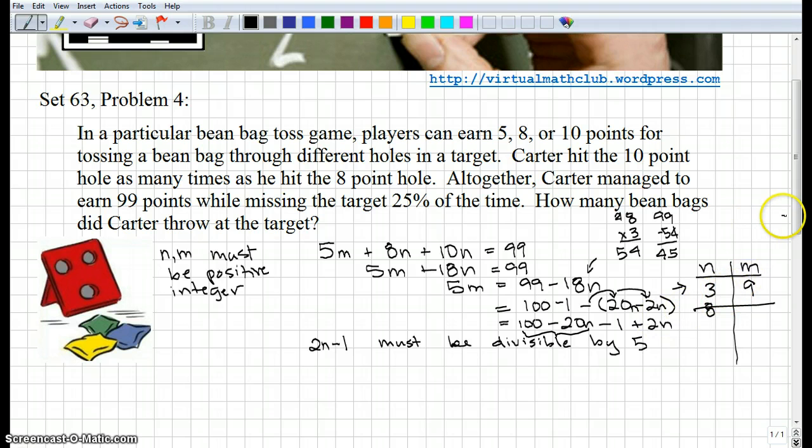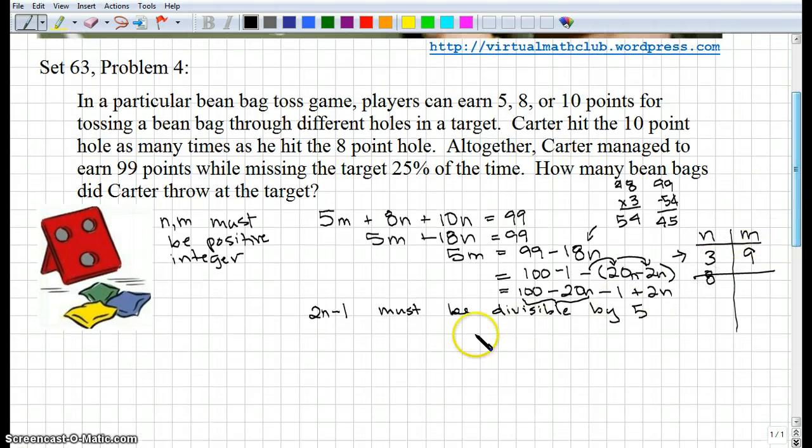So that tells us that we hit the 10 point hole 3 times, so that gave us 30 points.